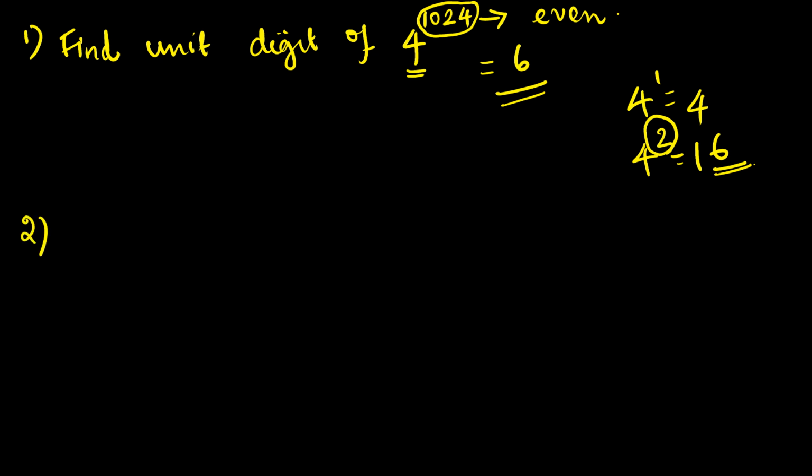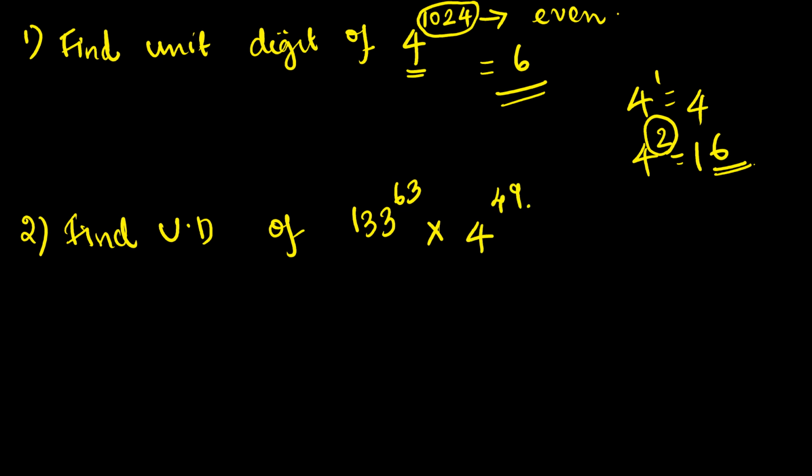Find the unit digit of 133 raised to 63 into 4 raised to 49. First we'll see 133 raised to 63. What is the unit digit here? It is 3. So we have to use the cyclicity of 3.